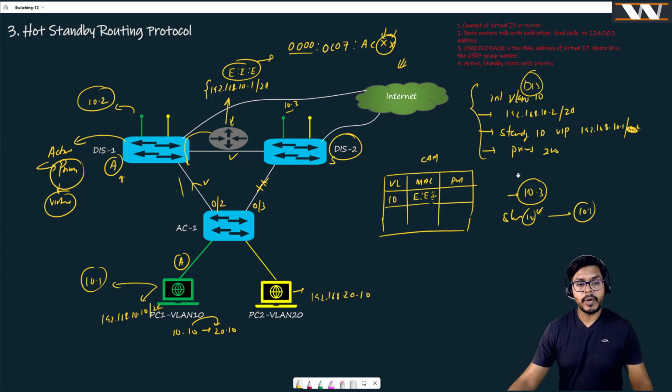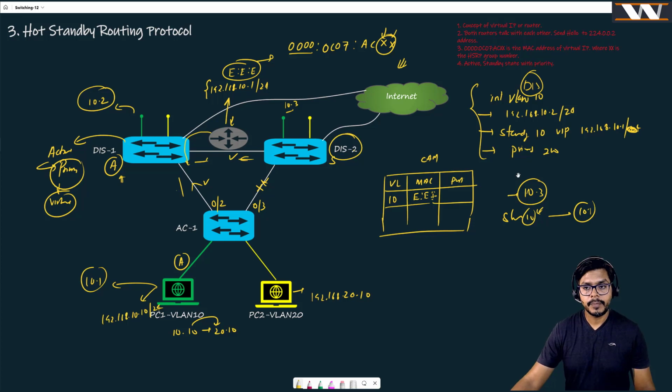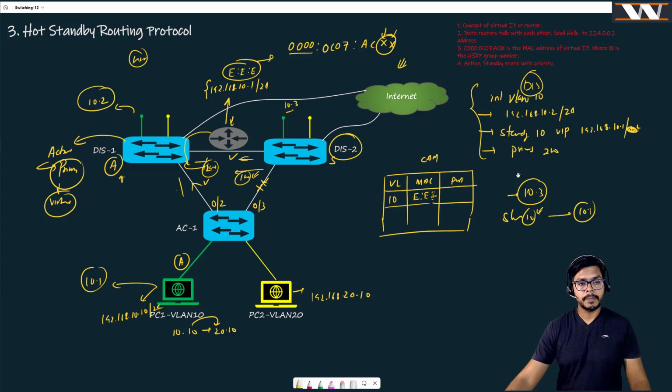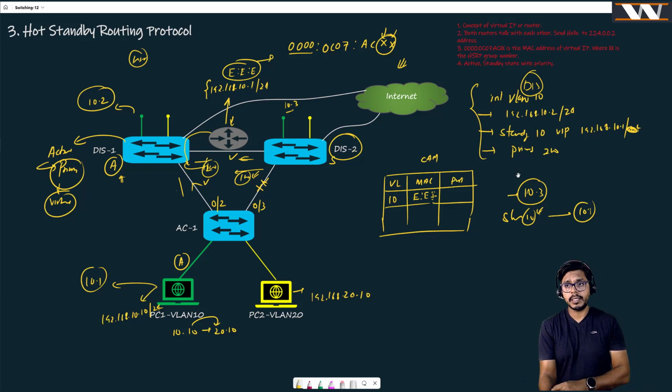When they say hello to each other, one is going to say my priority is 200, and the other is going to say my priority is 100. Why? Because 100 is the default in HSRP. Who is going to win? Distribution 1 is going to win. It is going to take the role of active router. As simple as that. We have discussed some of the nitty-gritties.